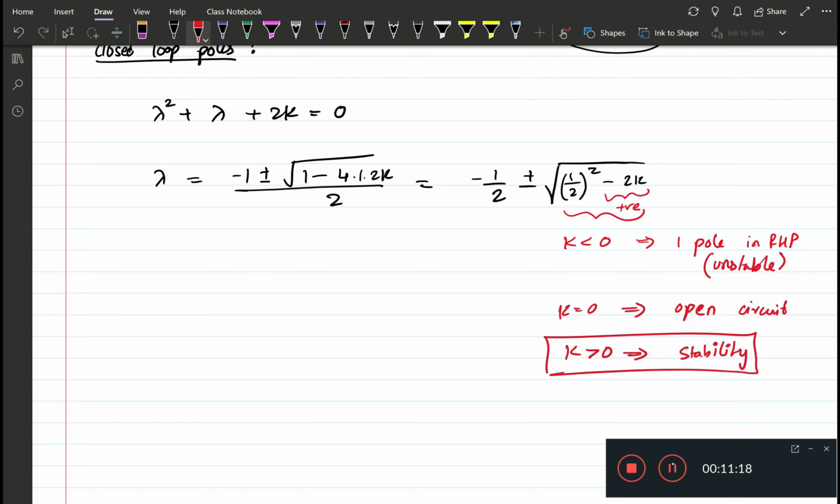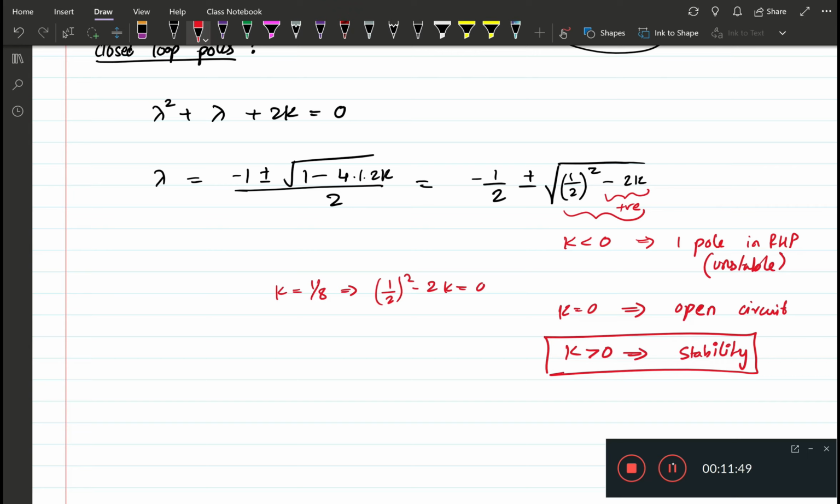And actually we can say a bit more, because for lower values of k, we can just check when the square root sign, so when the discriminant or the term under the square root sign is 0, and that's 0 when k is 1 over 8. Because if this is 1 over 8, that would be 1 over 4, and that would cancel.